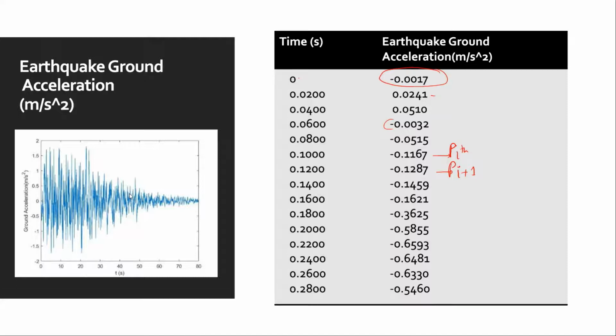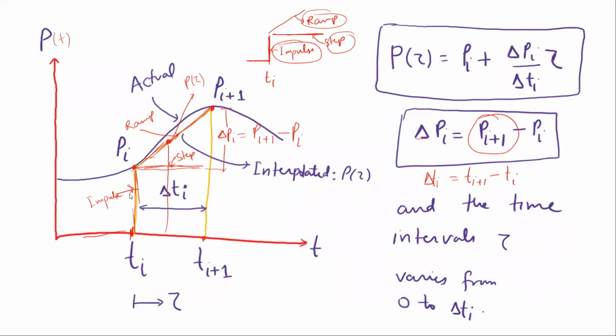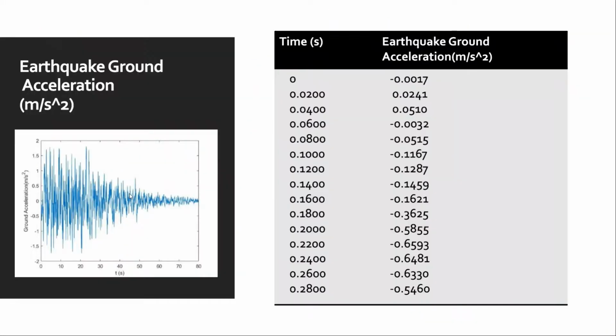In this manner we have to get the values. Somewhere it is Pi, and somewhere it would be Pi plus 1, and so on. And then we will solve for the values as we have seen above. So the ground acceleration would be solved in this manner.